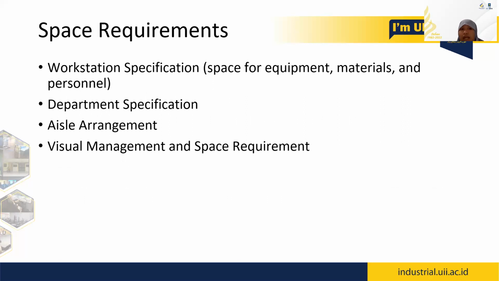From there, we can expand by creating the layout for the machines based on the type of layout itself, for example whether it's a product layout, a process layout, or cell manufacturing. Once we do that, we can find out the actual space required for the production floor. Then we also need to ensure the department specification.